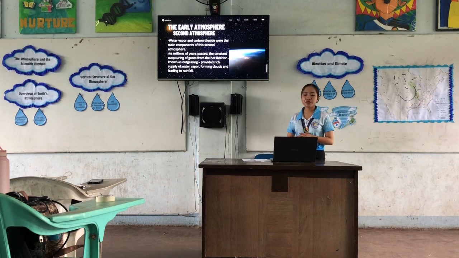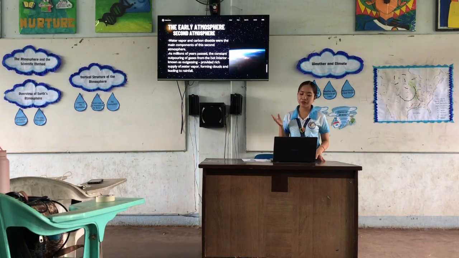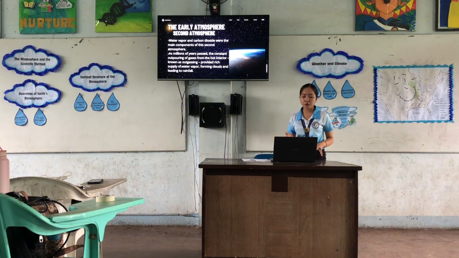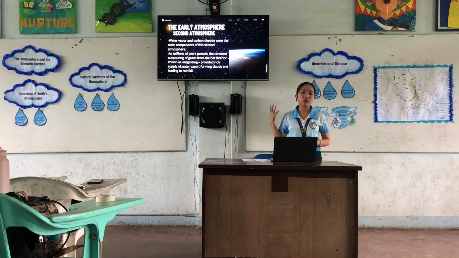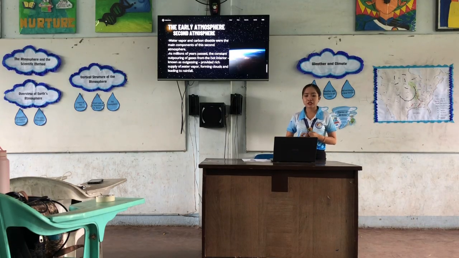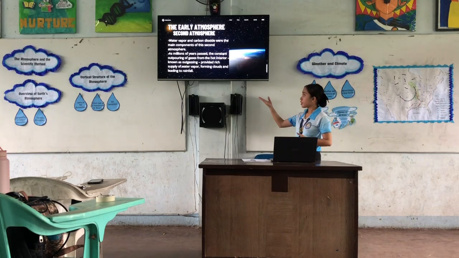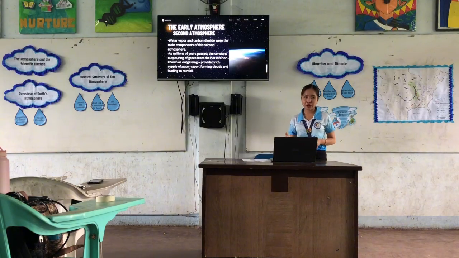So as millions of years passed, the constant outpouring of gases from the hot interior, known as outgassing, provided a rich supply of water vapor, forming clouds and leading to rainfall. So the first atmosphere was lost due to the Earth being too hot, and the second atmosphere was created due to outgassing, which is defined as the outpouring of gases from the hot interior.